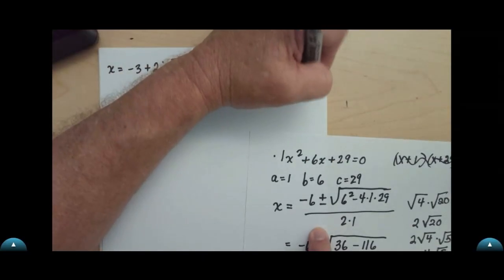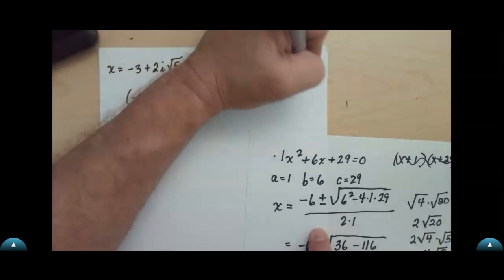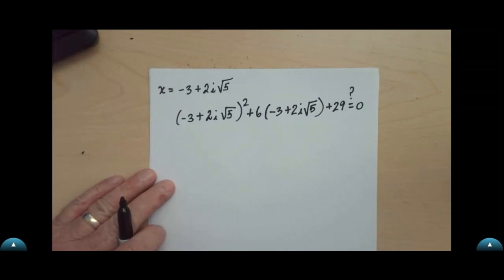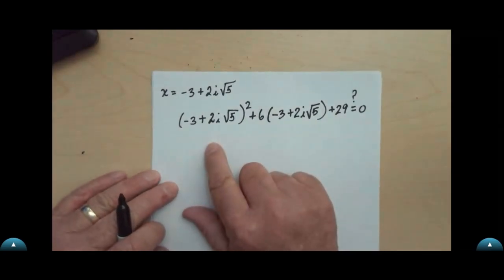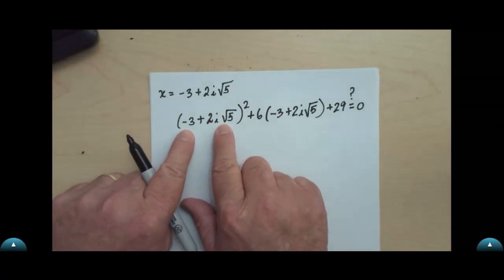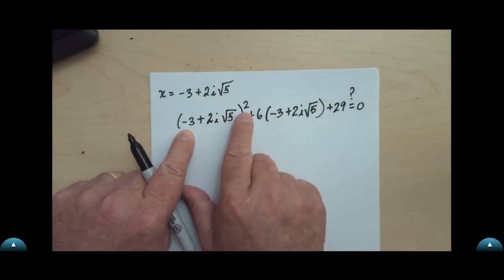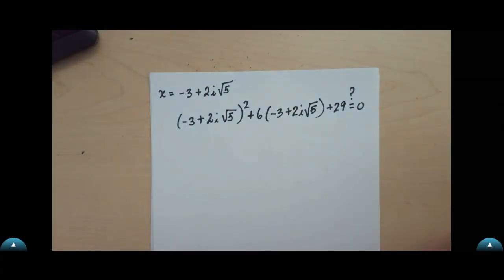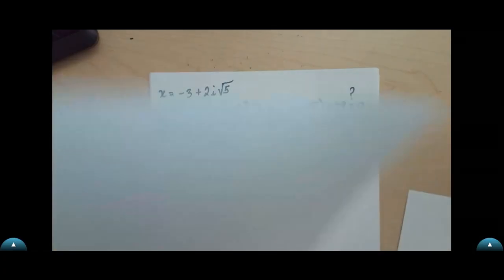And of course, we need to know whether that's equal to 0 to check and see if this number really is a solution. Actually, I know this looks awful, but the only part of this that's actually a little bit tedious is squaring this complex number. And we've actually looked at how to multiply complex numbers, and that's really all we're doing here.